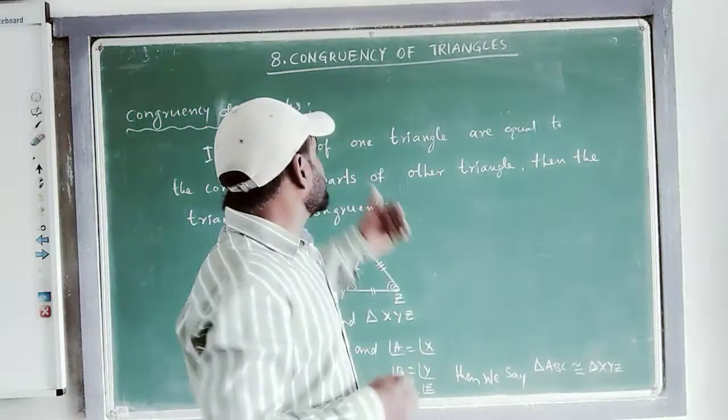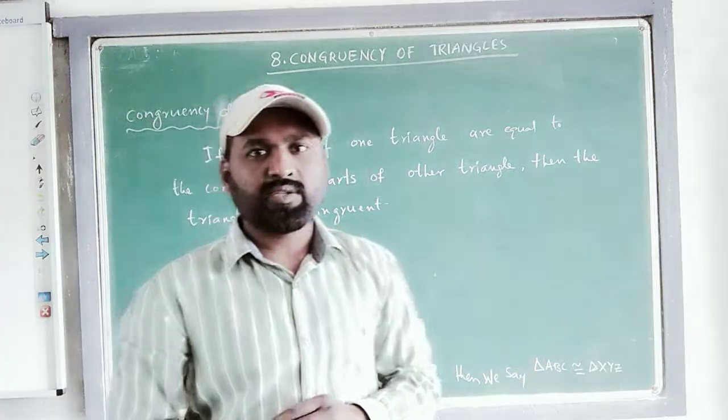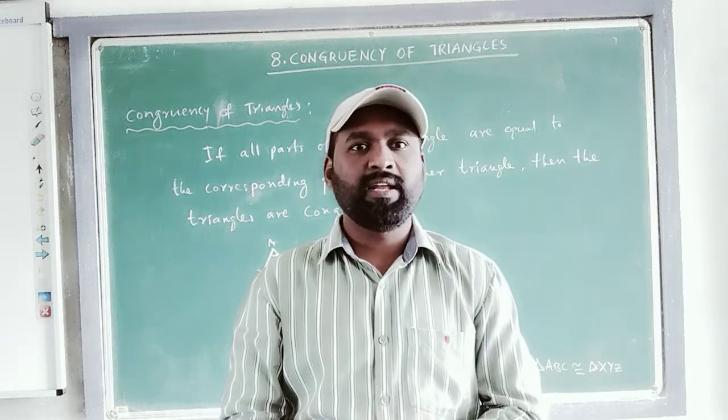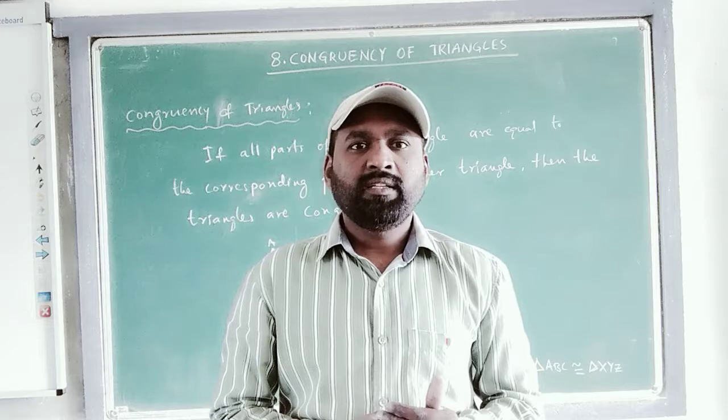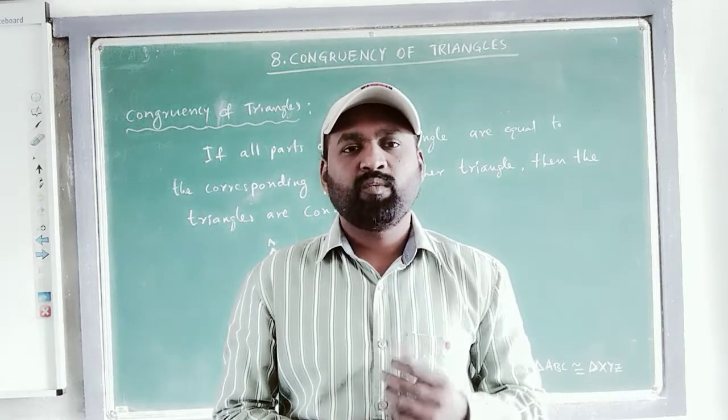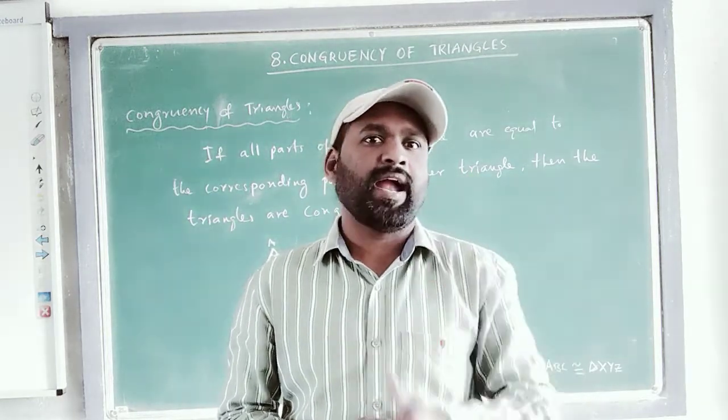Now to check the congruency of triangles, we have some criterions of congruency. What are the criterions of congruency for triangles? There are different criterions. One is side, side, side.